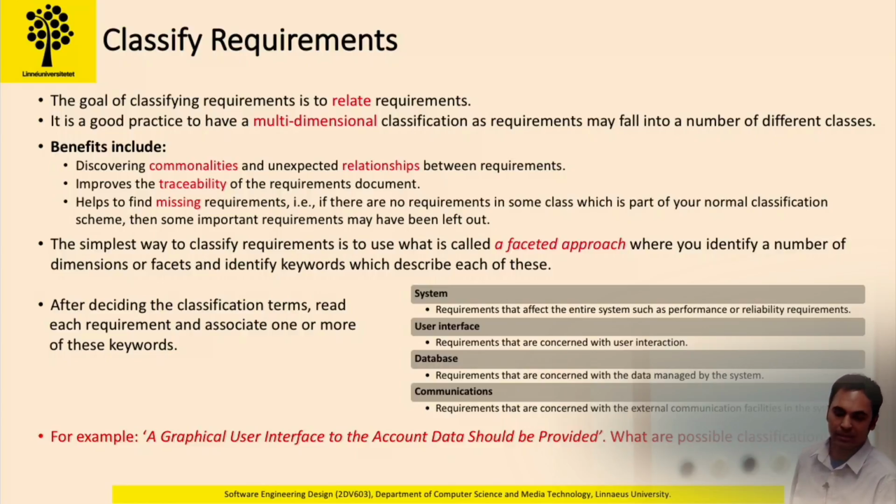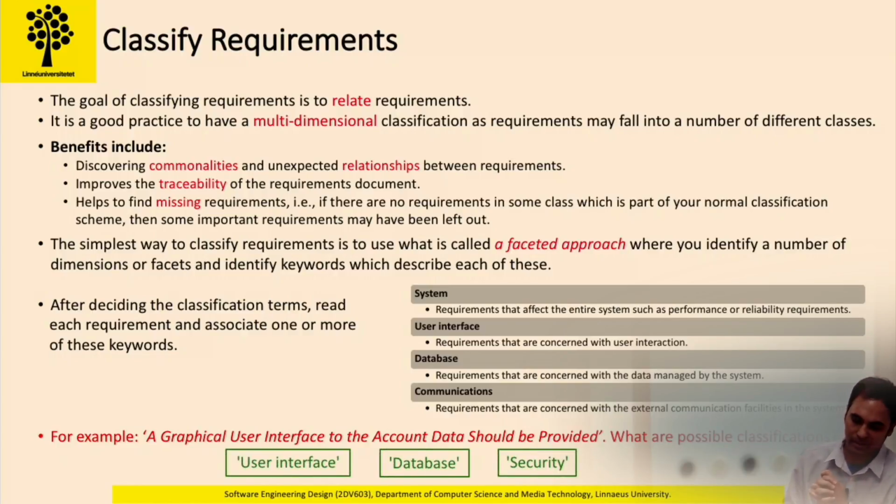It can also be a database requirement, because you are managing user data. And it can also be a security requirement, because user data should be handled or managed in a secured way.